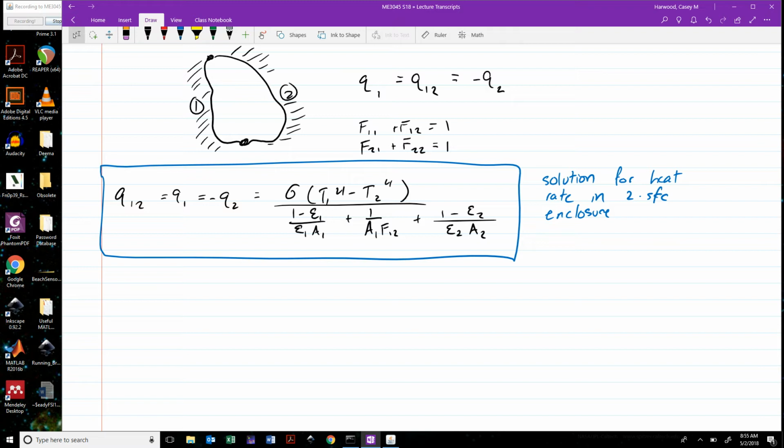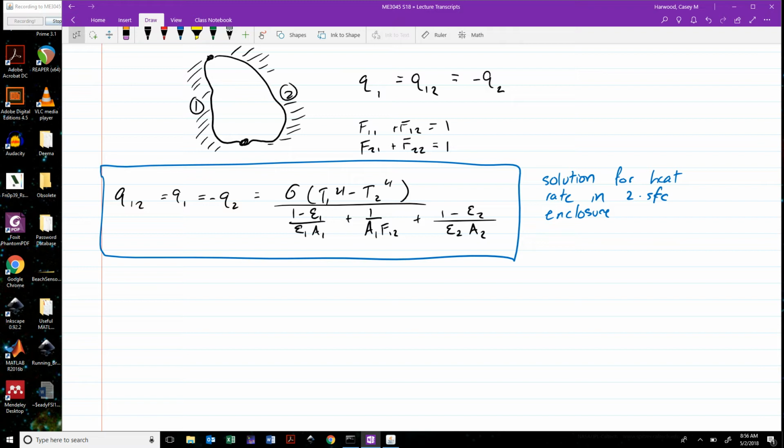So let's put this into practice. Last time I said the simplest version, the version you have on the homework, is one where you've got two window panes, and you approximate that as a two-surface enclosure with the added simplicity that A1 is equal to A2, and that F12, because they're flat surfaces, basically F11 and F22 have to equal 0.